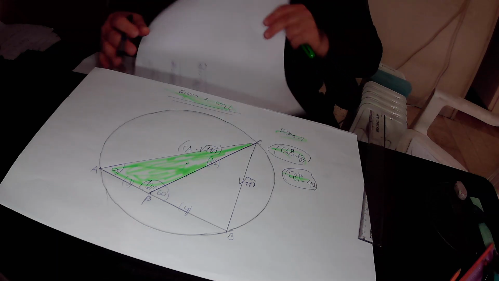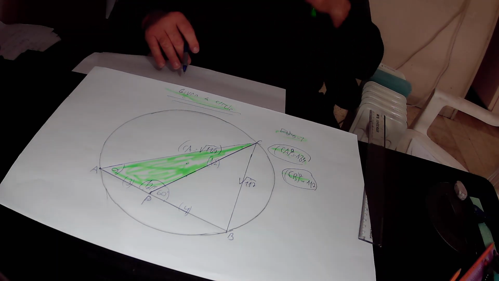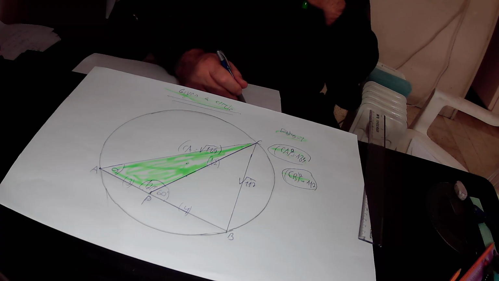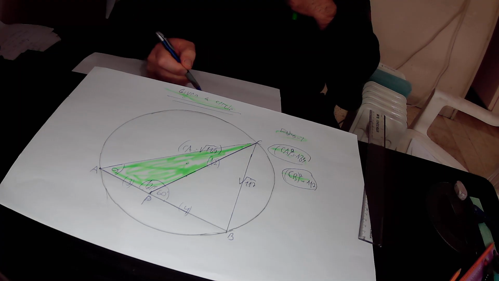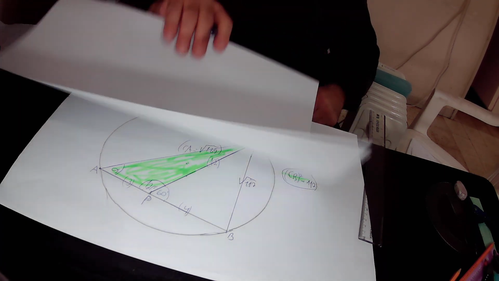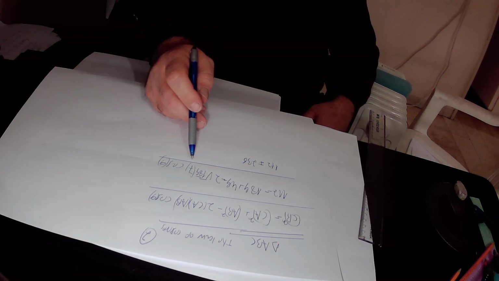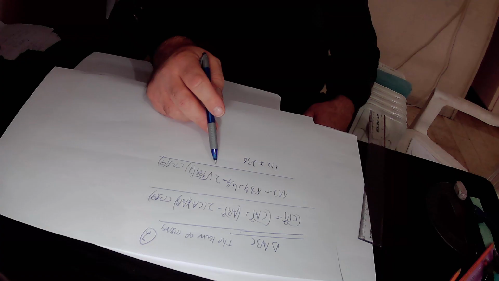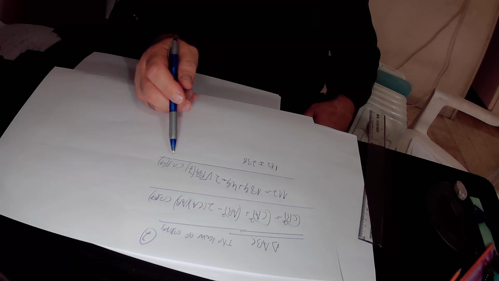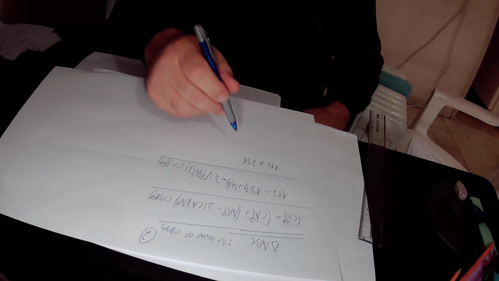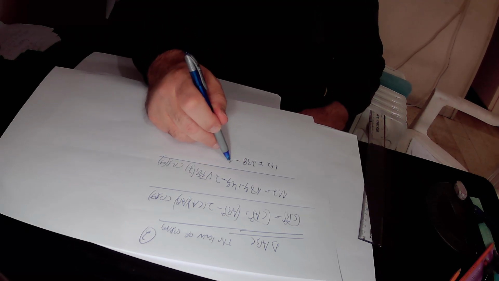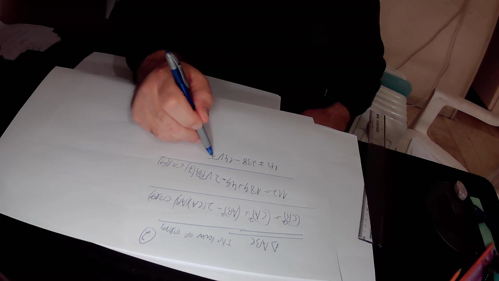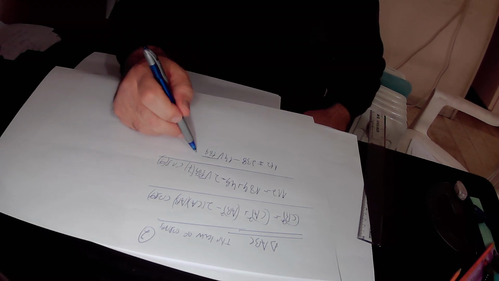So 112 equals 189 plus 49 is 238, and we have here minus 2 times 7, which is minus 14, so in total this expression equals minus 14 times square root of 189 times cosine alpha. So write it down, minus 14 times square root of 189 times cosine alpha.